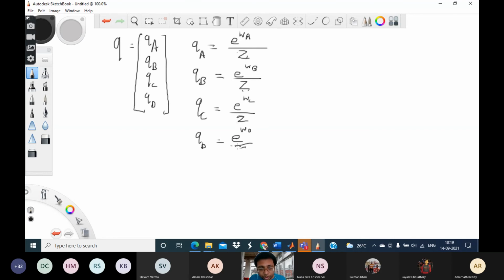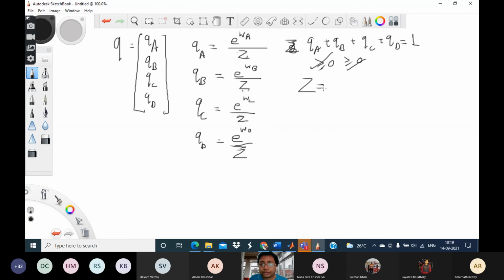So this is my probability distribution, and I have this constraint that QA plus QB plus QC plus QD should be equal to what? 1, sir. Also, each of these should be greater than or equal to 0. Because we are considering e to the power something, it is greater than 0, so this is already satisfied. The question now is, what about Z?